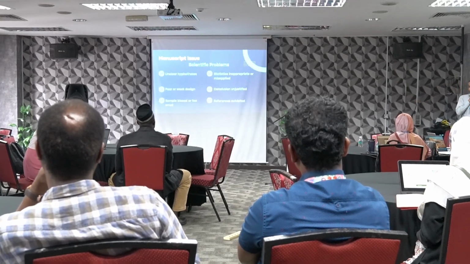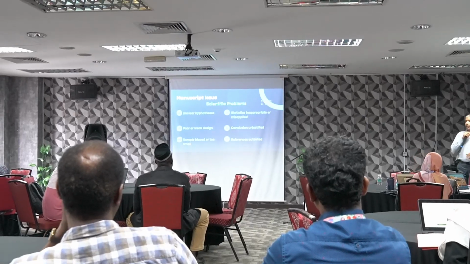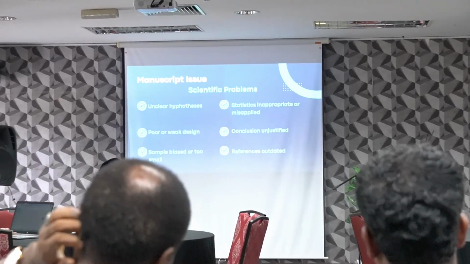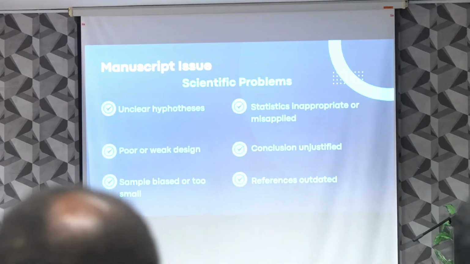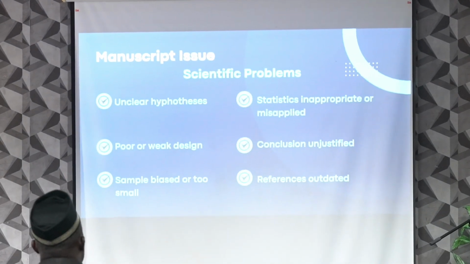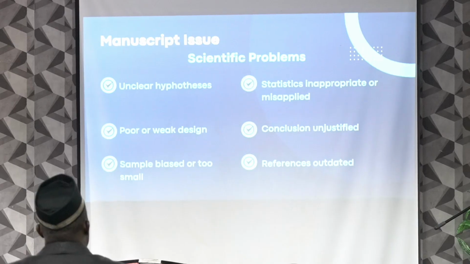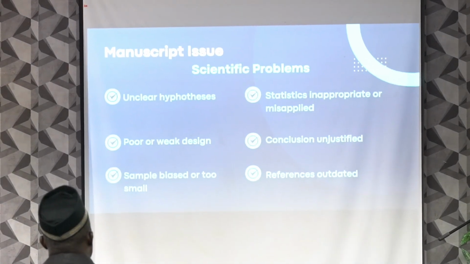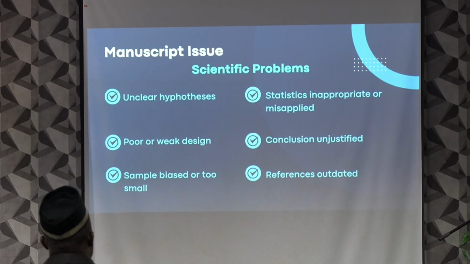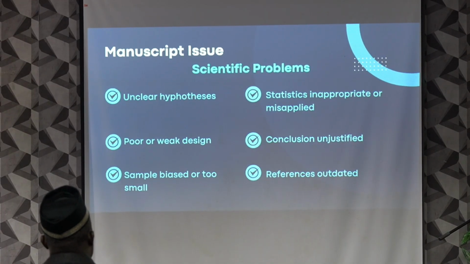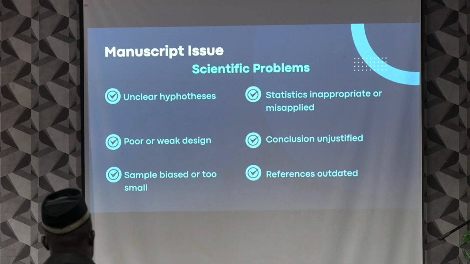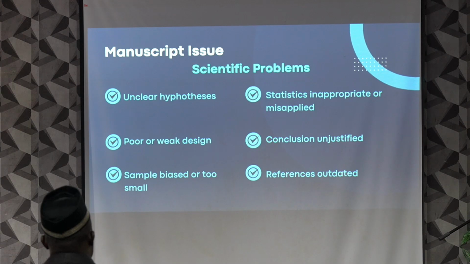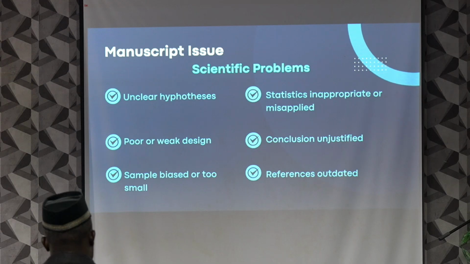Now this is technical. If we go deep, what is the cause of rejection scientifically? It could be an unclear hypothesis, poor or weak design which cannot be fixed during the writing process, sample bias or too small a sample, especially for statistics, social science, life sciences, medical sciences, whatnot.